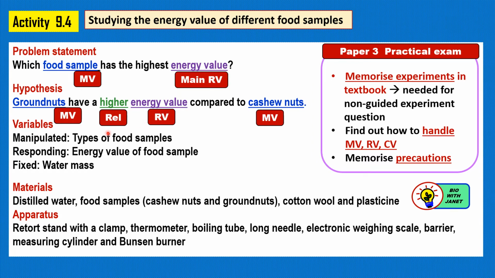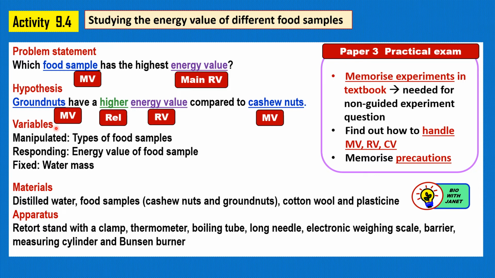So groundnuts and cashew nuts are your MV, and then you have energy value, which is your RV, and the relationship is groundnuts have a higher energy value. That's the correct relationship. So you have three parts in your hypothesis: MV, RV, and correct relationship.